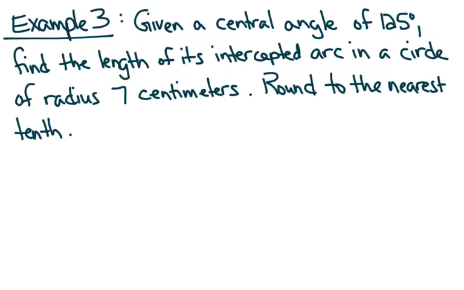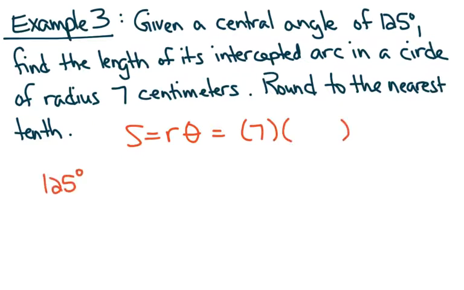In example 3, given a central angle of 125 degrees, find the length of its intercepted arc in a circle of radius 7 centimeters, round to the nearest tenth. The way this formula works is you need to know two things. You need to know the radius, and you need to know the angle in radians. So we're going to change 125 degrees by multiplying by pi over 180. Remember that when we multiply these together, we get 125 pi over 180.